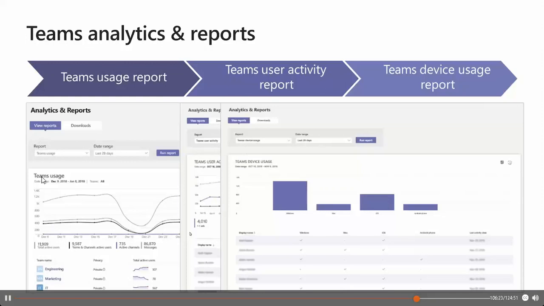The Teams Device Usage Report gives you insights about the Windows users, the Mac users, the iOS users, and the Android phone users. Also we have the Teams Live Event Usage Report, which gives you the total views, start time, event status, organizer, presenter, broadcaster, recording setting, and the production type.